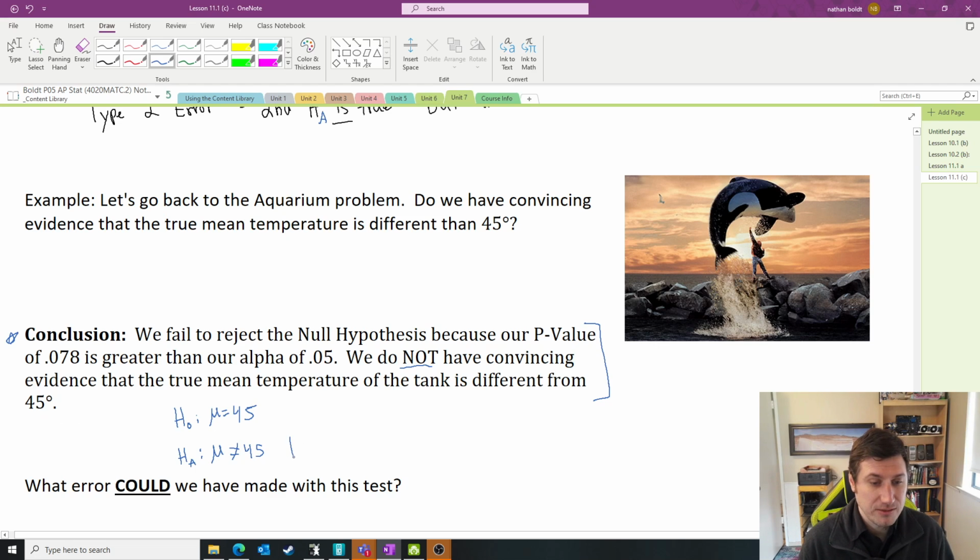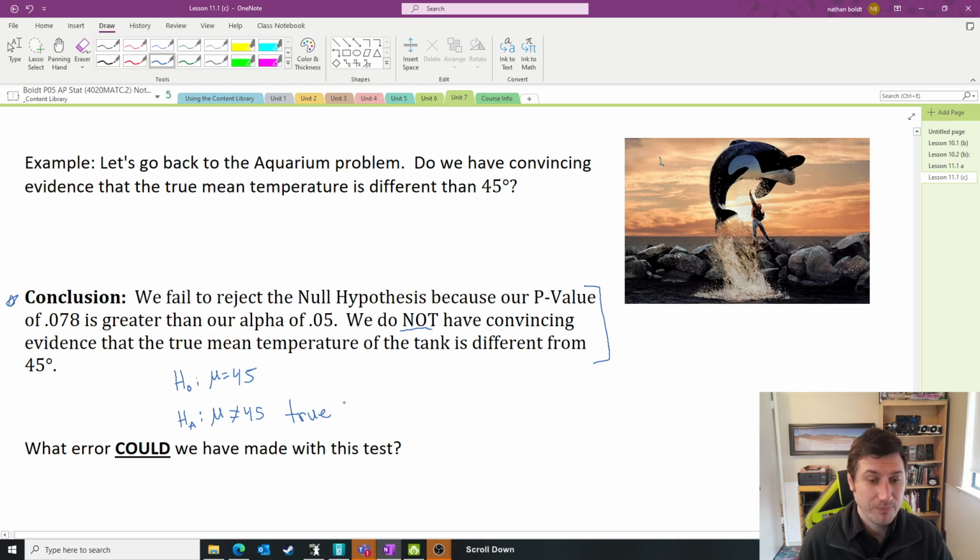Well, that means this one is true. But we screwed it up. We didn't reject, even though we should have. Well, if the second one is true and we screwed it up, that is a type 2 error.